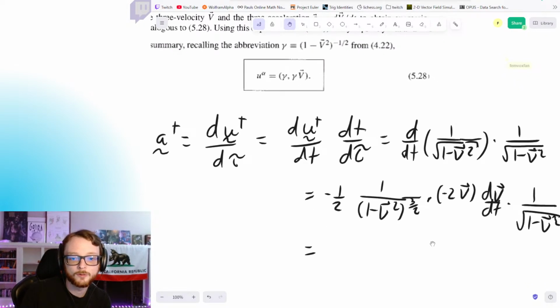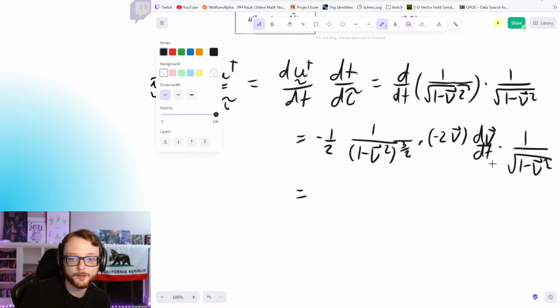Okay, so this might be not terrible because this dv/dt is 3 vector a. So it's v dot, I guess. Yeah, those are both vectors, so we can't just multiply them simply.